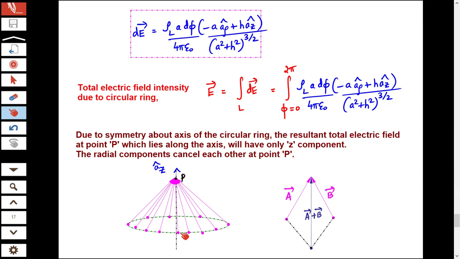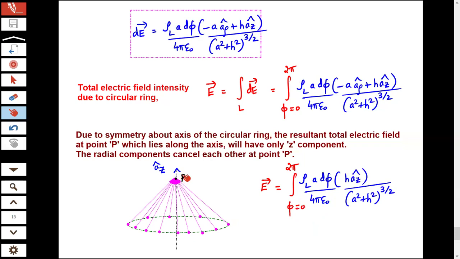Likewise, an infinite number of such differential length elements will contribute together to get the total electric field intensity, which is obtained by performing the integration about the entire circular ring. We can say this is the radial symmetry about the axis of the circular ring, where the radial components will cancel, and only the z direction component will result.